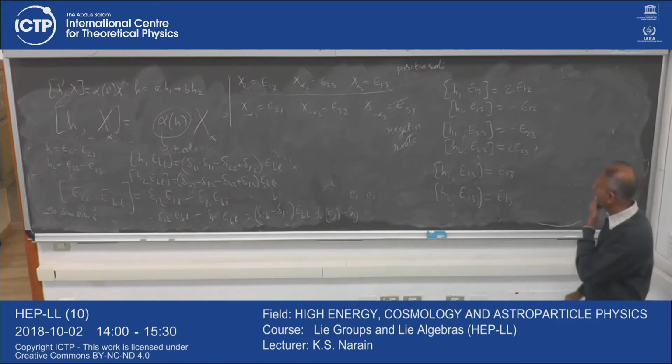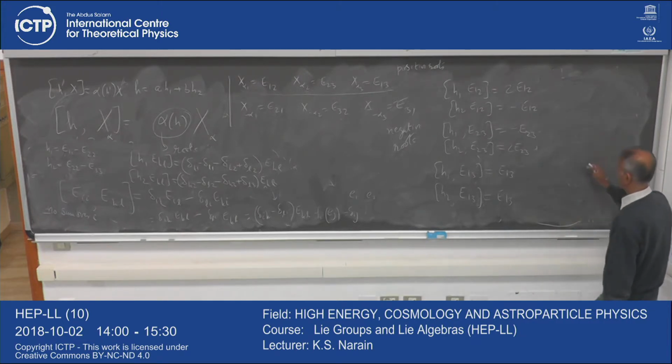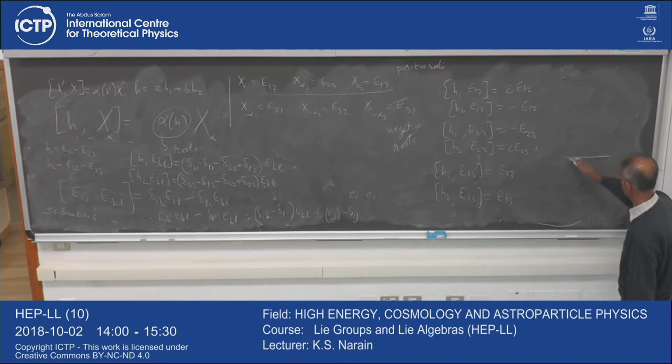Now I could draw a picture here. This picture is just a kind of suggestive picture. So I will draw the roots here. Let's say I draw the eigenvalues with respect to H1 here, and eigenvalue with respect to H2 there. Okay.